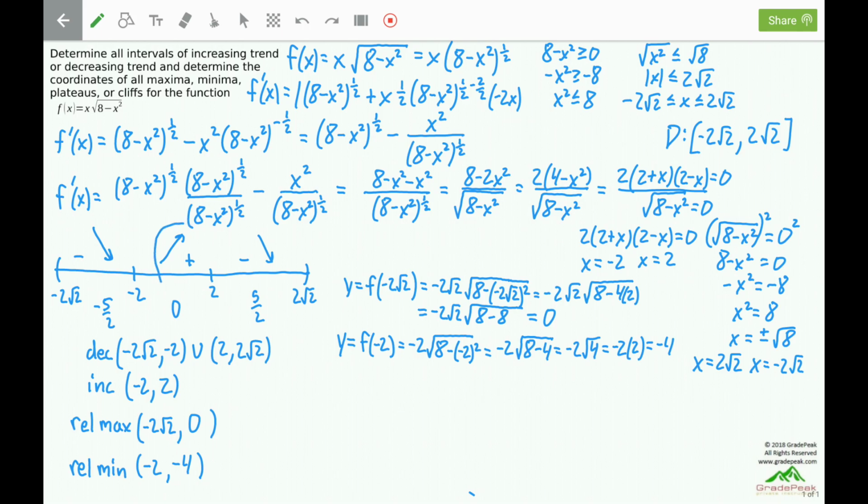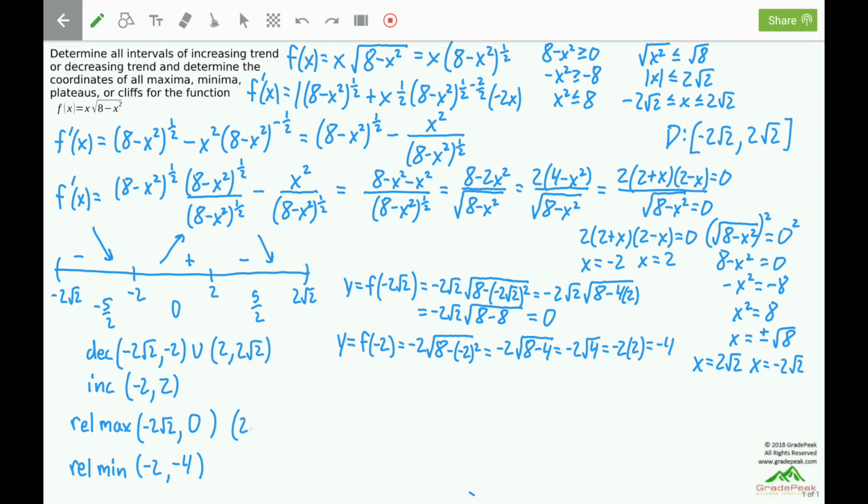Right at the critical number of positive 2, we have a trend change of increasing to decreasing. That'll make that a relative maximum. So we have a second relative maximum.